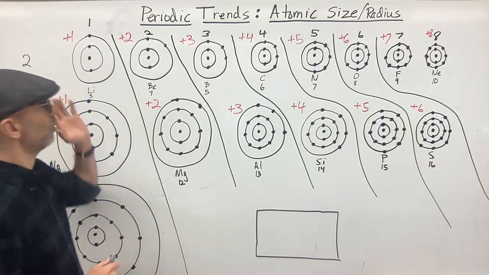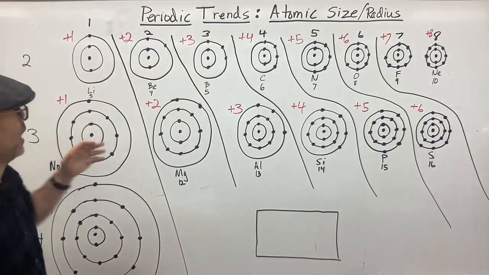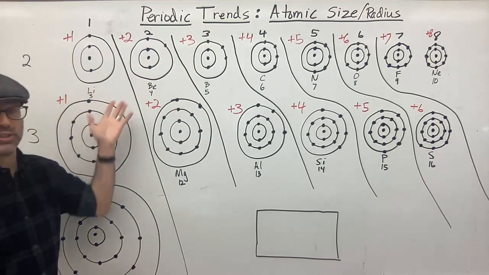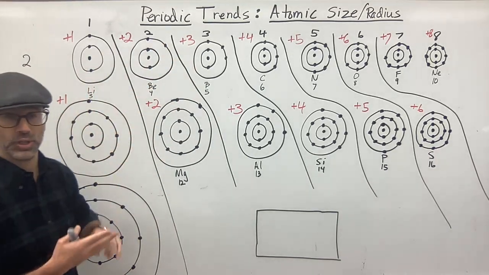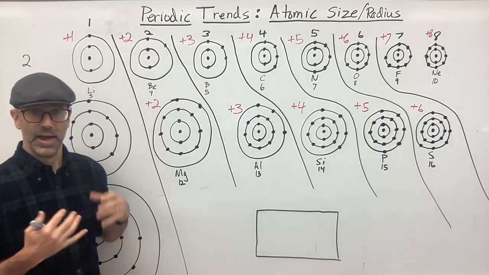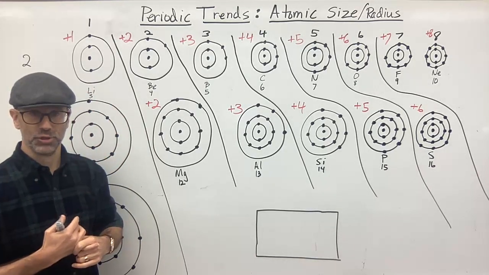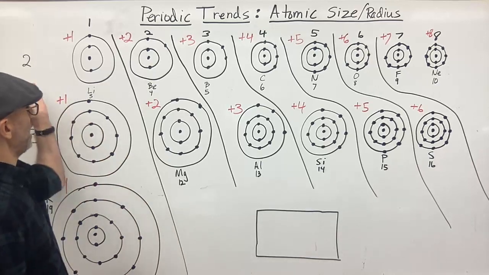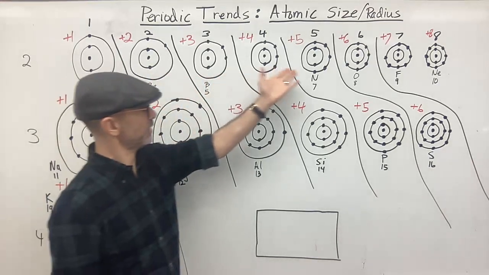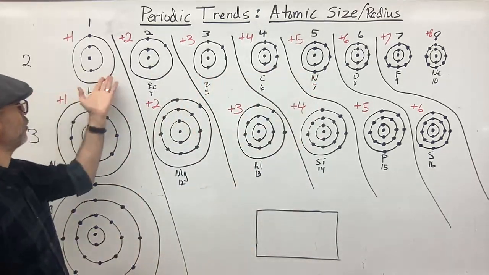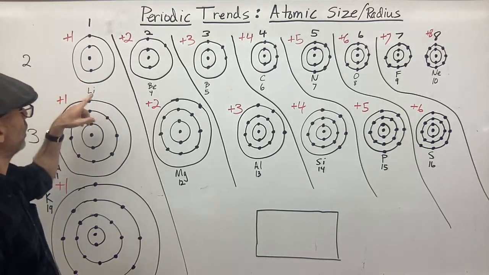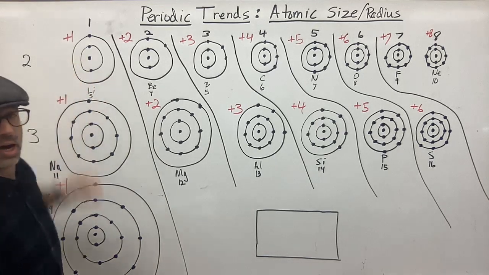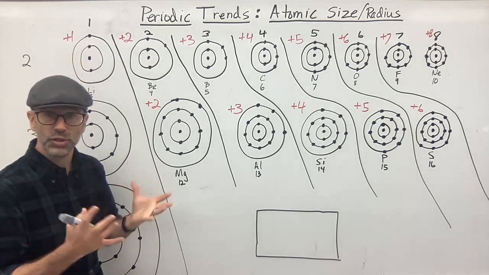So we want to talk about atomic size. Let's go back to what's going on between the nucleus and the electrons, and let's go back to effective nuclear charge. As we are going across the periodic table, in any period, you'll notice that the nucleus is getting bigger.